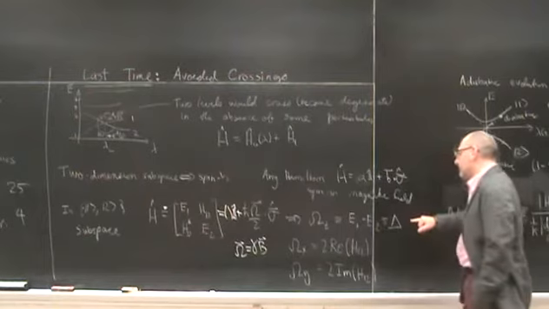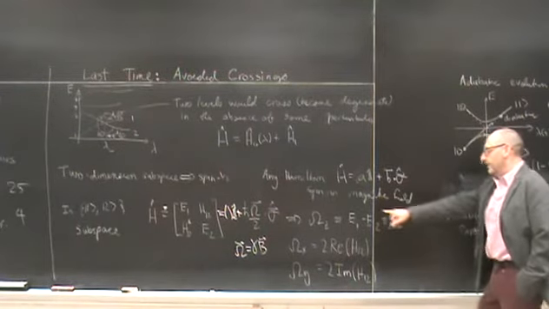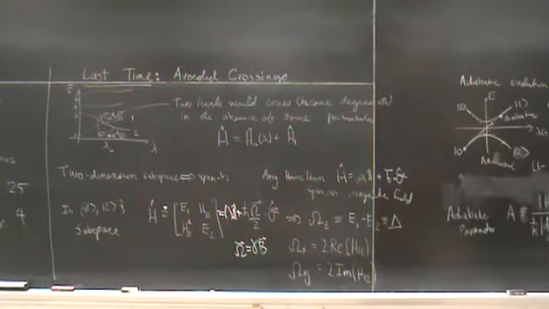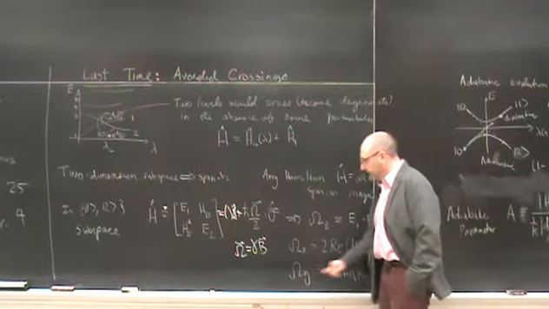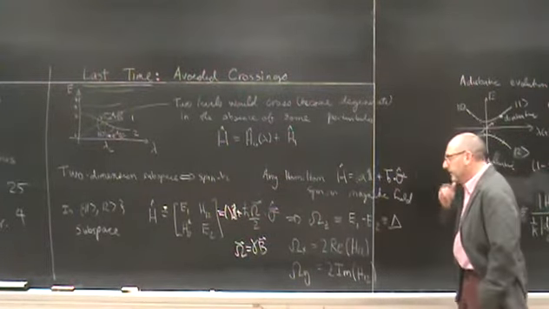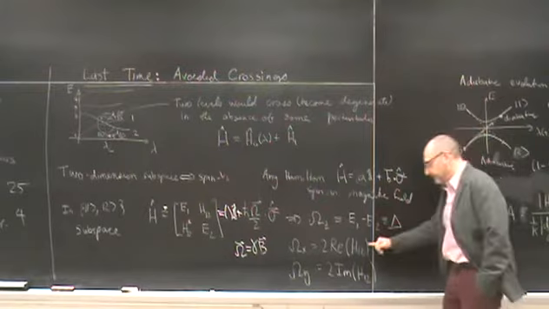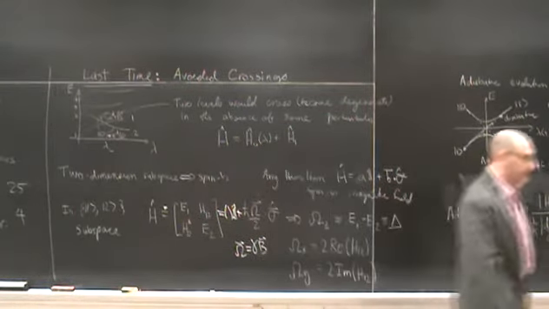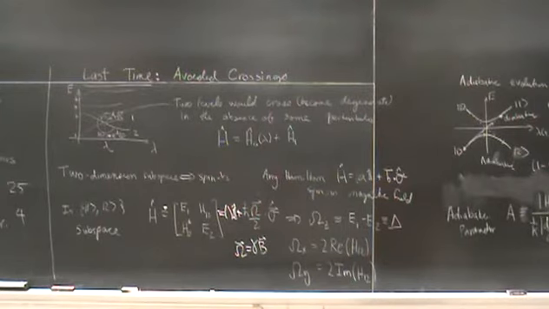The Z component is related to the energy difference, what we call the detuning, and the transverse components of the magnetic field relative to the standard quantization axis are related to the real and imaginary parts of the off-diagonal matrix elements.